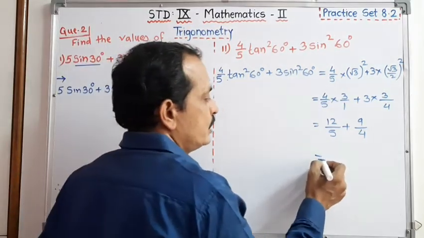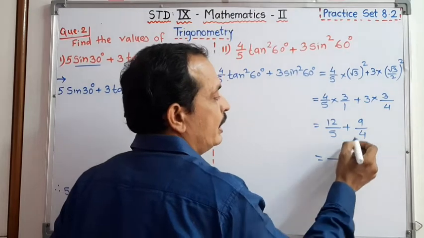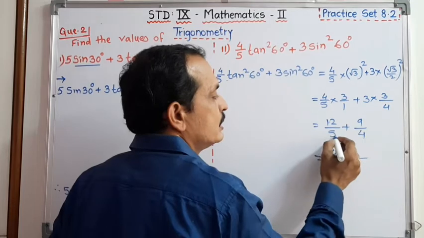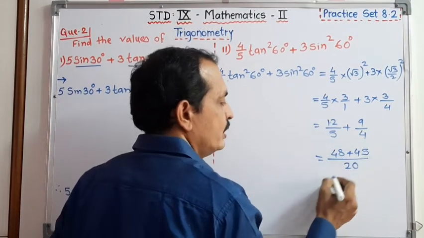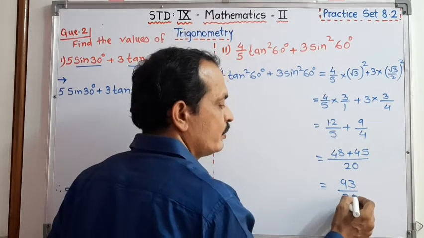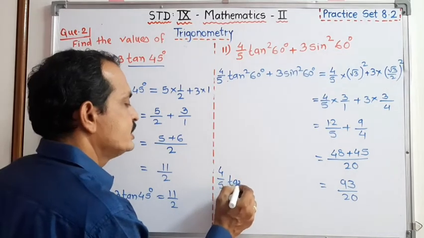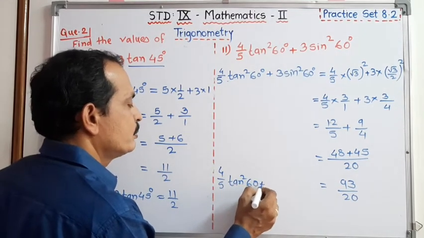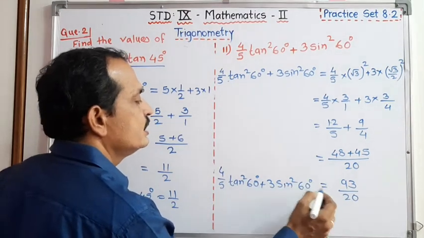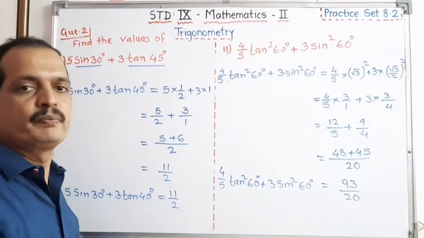Now, dear student, 5 fours are 20, and 12 fours are 48, plus 9 fives are 45. Now it is 93 upon 20. So 4 upon 5 tan square 60 plus 3 sin square 60 degree is equal to 93 upon 20.